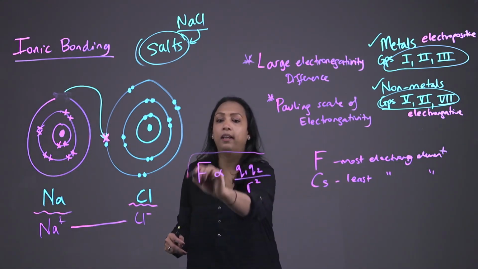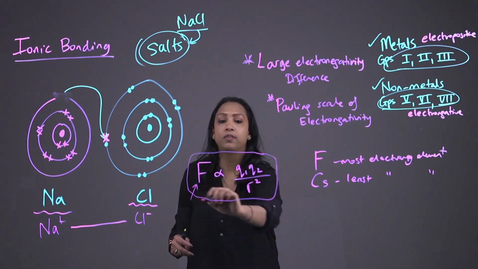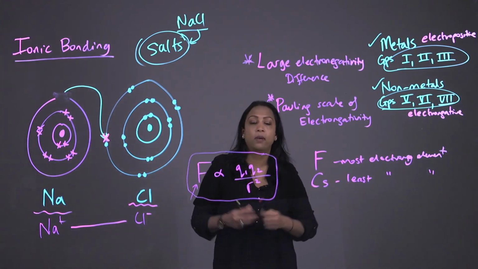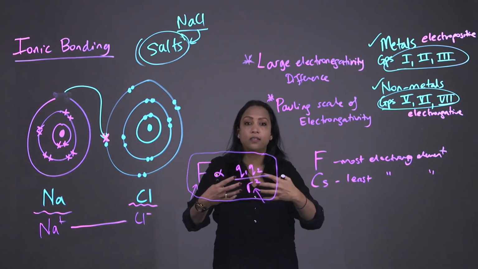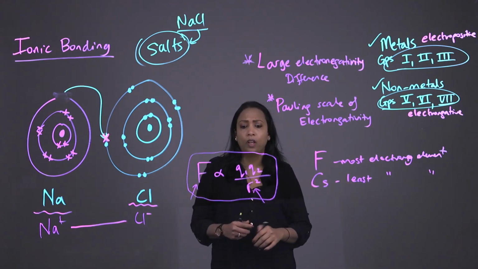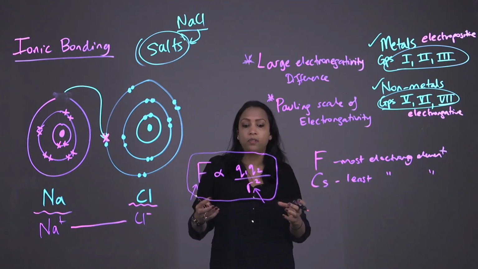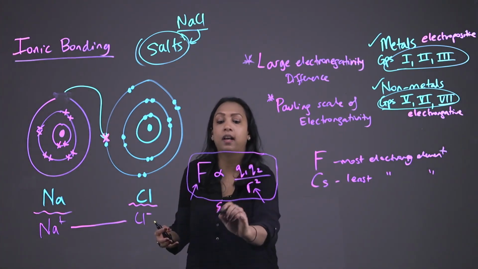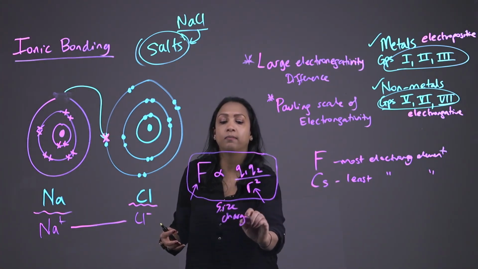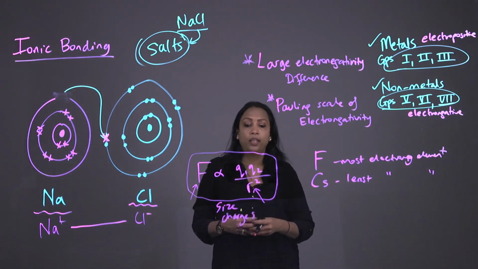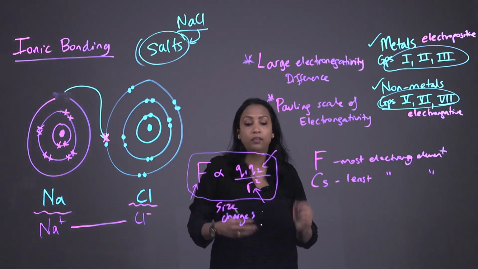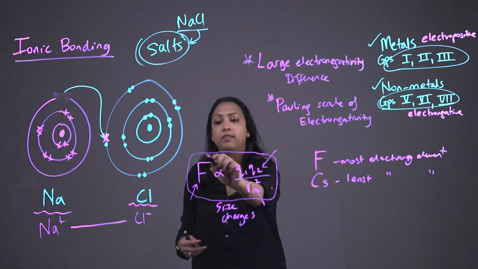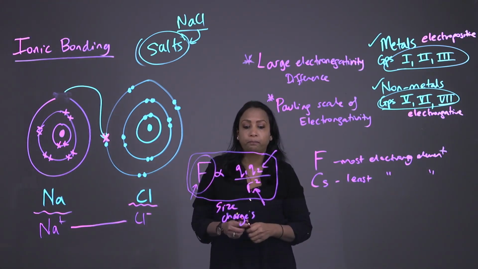This little formula represents Coulomb's law, where F is force, Q1 and Q2 represent my two charges, and R represents the radius, therefore the distance between the two charges. So the size of atoms and their charges will contribute to the overall strength of an ionic bond formed, whereby the greater the charge and the smaller the radius or the distance between the charges, the stronger the force will be.